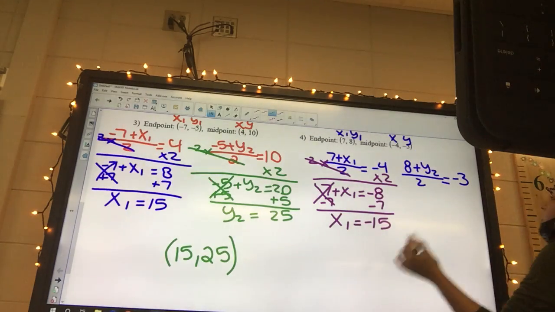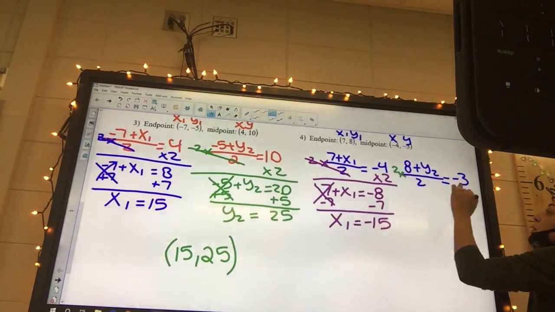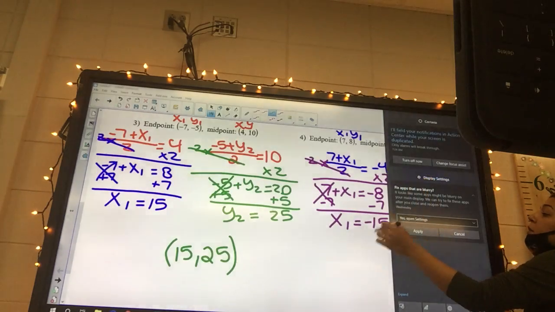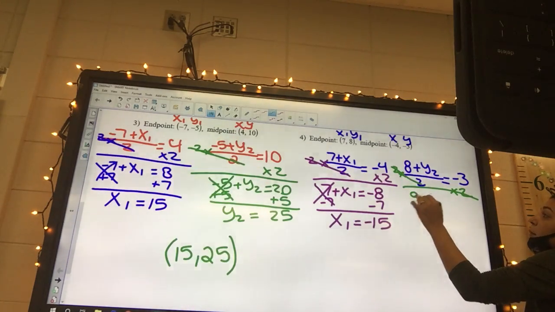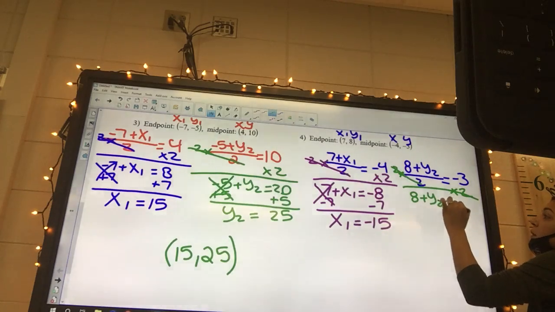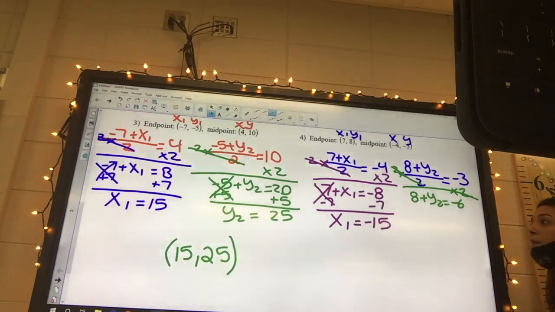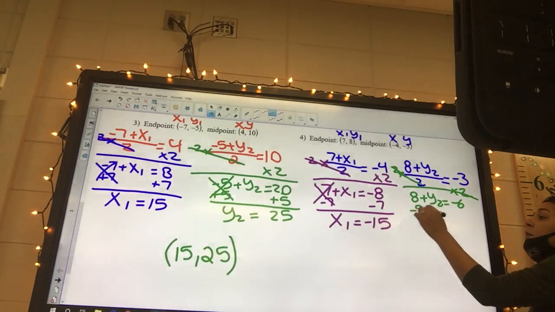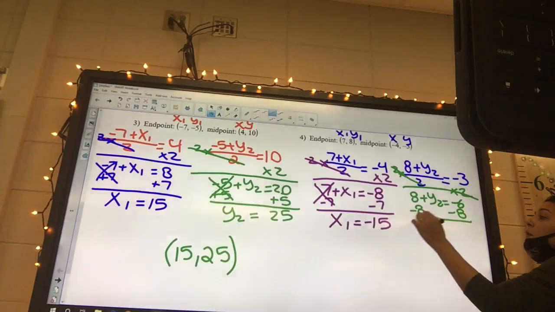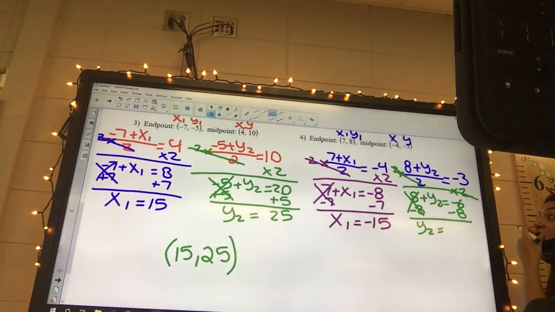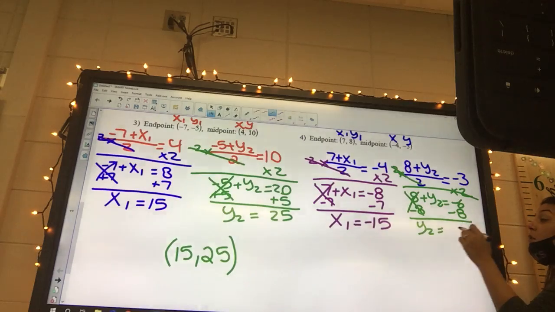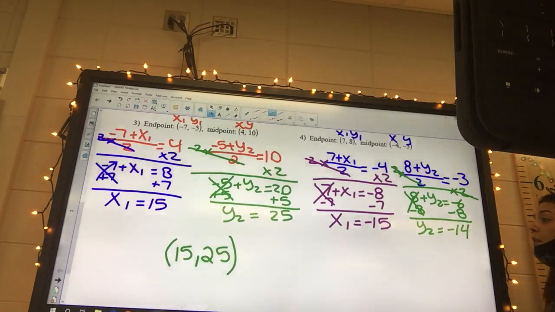And on this side we're going to do the same thing. We're going to multiply by 2 on both sides. So I got 8 plus y2 equals negative 6. And then we subtract 8 from both sides. So I got y2 equals negative 14.